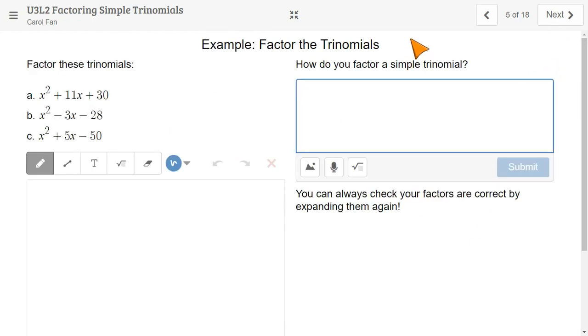All right, so knowing what the brackets are, that's already half of the steps needed to factor an expression. So how do we factor a simple trinomial? The first step is we have to determine the brackets of the binomials.